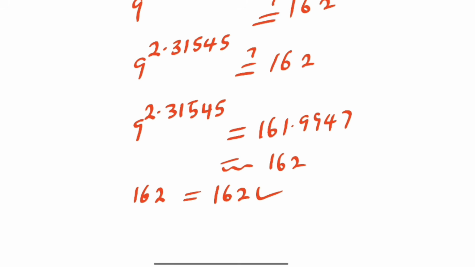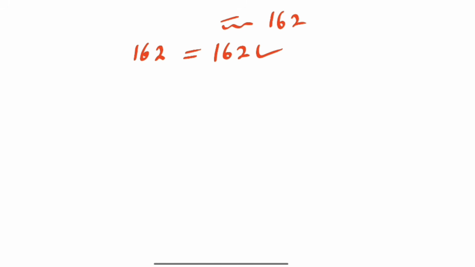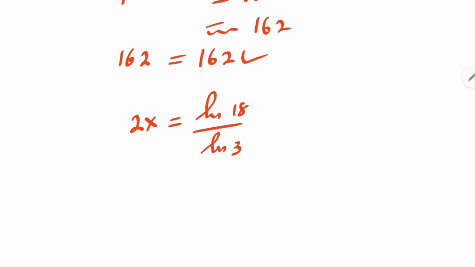And if you don't want to use your calculator and you want to leave your answer in natural logarithm form, from 2x is equal to ln of 18 over ln of 3. Then 2x will be equal to ln of 18, which can be written as ln of 9 multiplied by 2, over ln of 3.